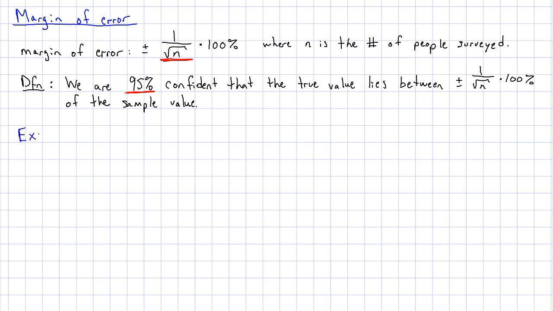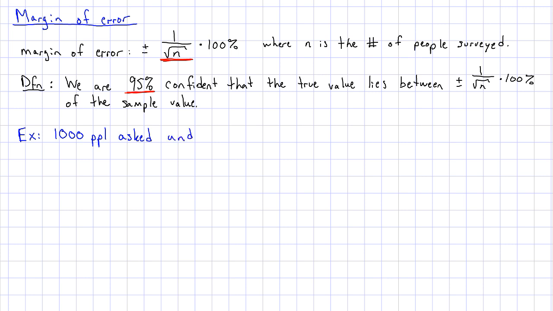So let's do an example because that will help us. We have, for example, a survey of US adults. So 1,000 people were asked what activity they most dread. So what are they most afraid of?